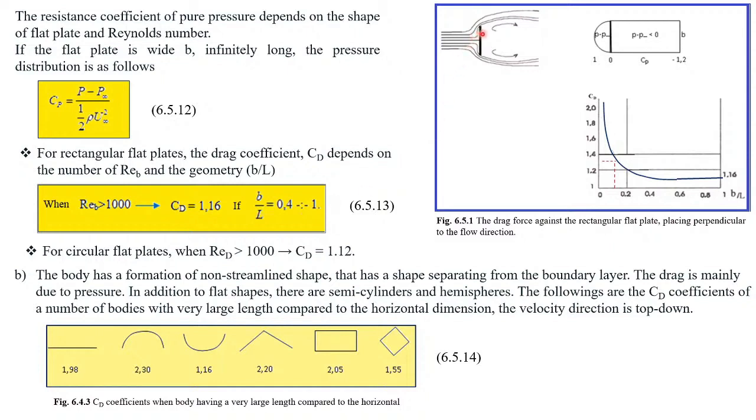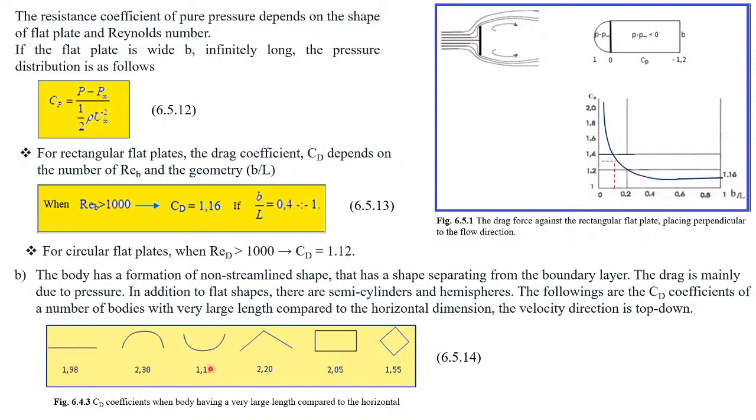But in this case, if this one is a circular flat plate, when the Reynolds number RD, that means the Reynolds number calculated by diameter D, equals V multiplied by D over nu, is greater than 1000, then we get the drag coefficient CD equal to 1.12.